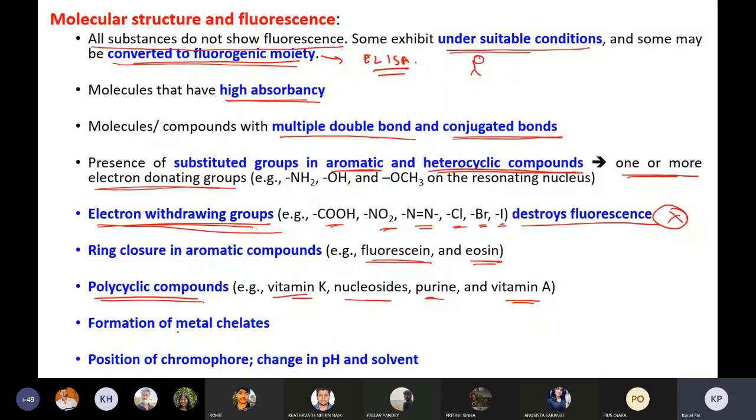If some metals form chelates, then they usually show fluorescence activity. Also, the position of the chromophore matters, and if we change the pH of the composition, or if we change the solvent in which we have dissolved the compound, then there are chances that the fluorescence activity will be changed. Okay.